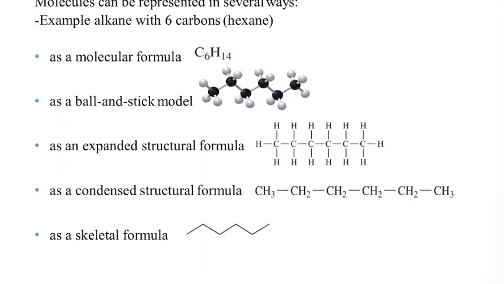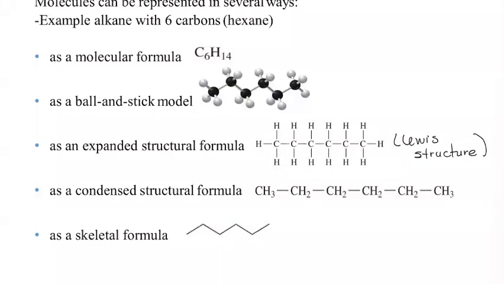Now, we can also illustrate organic molecules in the expanded formula. So the expanded formula is nothing other than the Lewis structure that you guys have learned already. And you can see that this Lewis structure is just a 2-dimensional representation of the number of carbon atoms that you have and the hydrogens that are there.